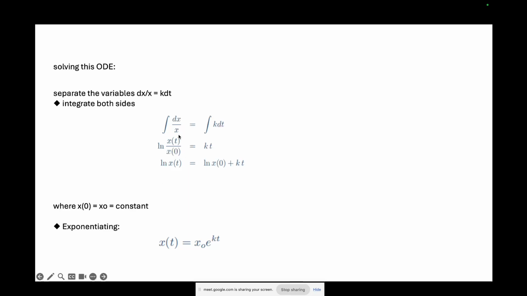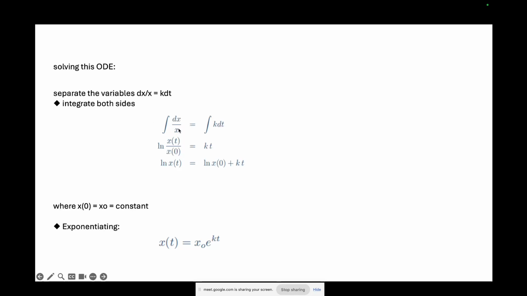Here the initial concentration of x at t equal to 0 is given by this x0, and so this integral is basically a finite integral from x0 to xt. So x0 is the concentration of x at t equal to 0, and xt is the concentration of x at time equal to t.